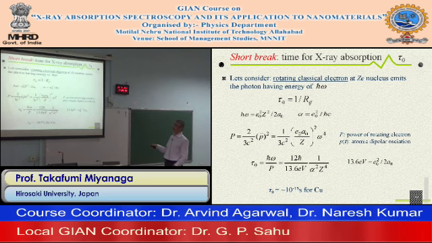Alpha is the fine structure constant we discussed yesterday. So the power of a rotating electron is expressed by these equations, and P is the atomic dipole oscillation.